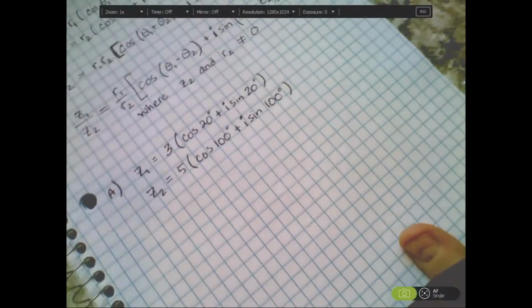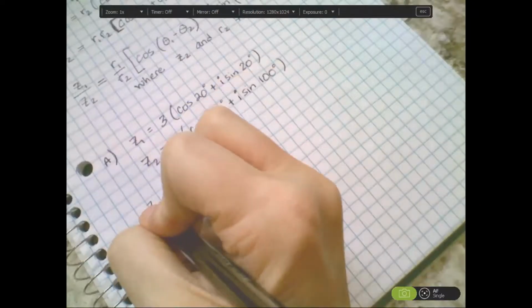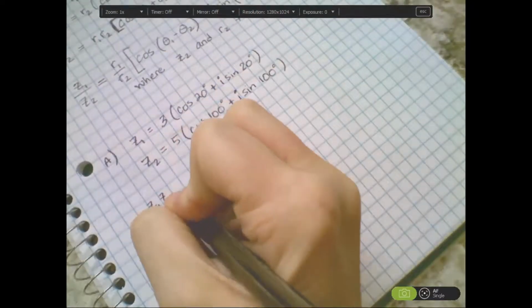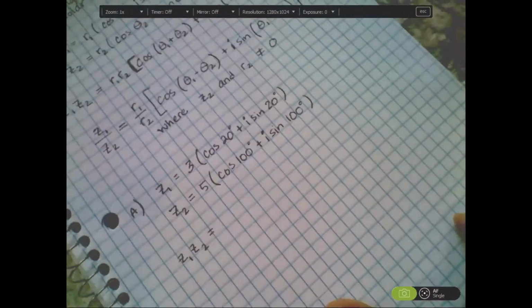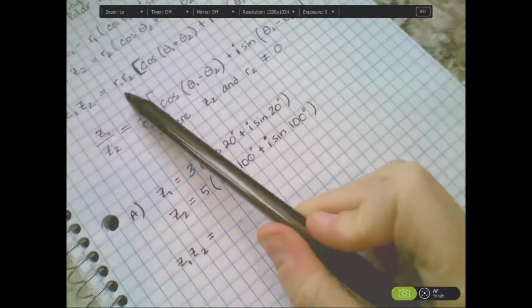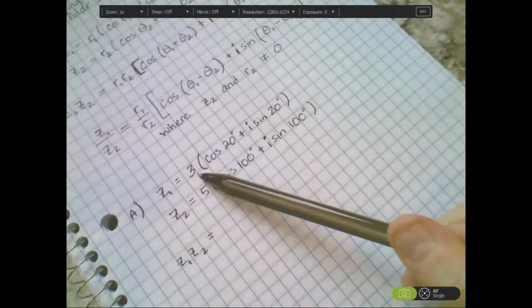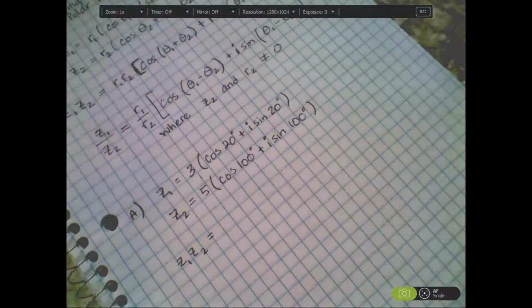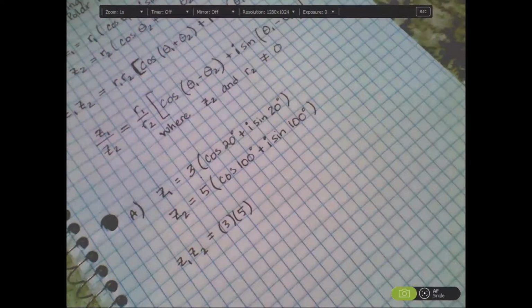So we're going to multiply these two numbers together. I'm going to do Z1 times Z2. If I look back up at my formula, the first thing I have to do is multiply the two R values together. So the R value here is 3. Our value on this one is 5. So I'm going to have 3 times 5.